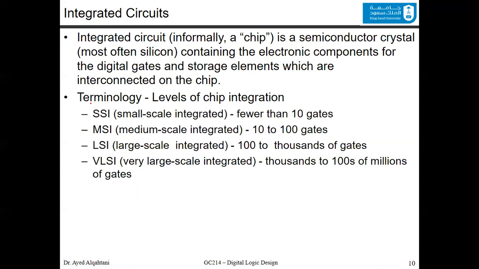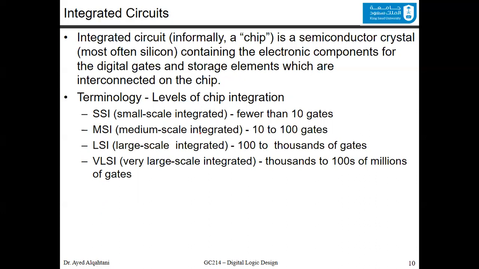We have some terminologies that specify the levels of chip integration: SSI, MSI, LSI, and VLSI. There are also more modern ones, but those 4 would be enough for now. SSI is small-scale integration.